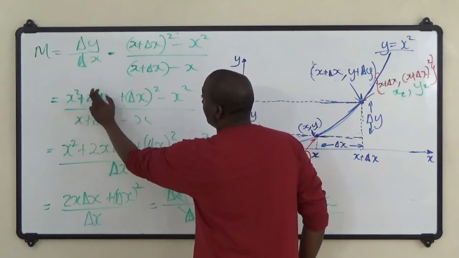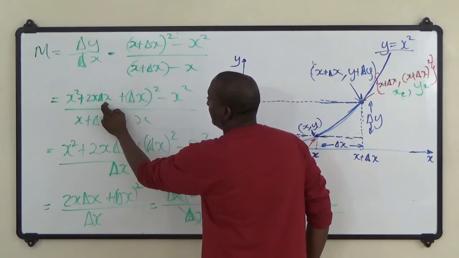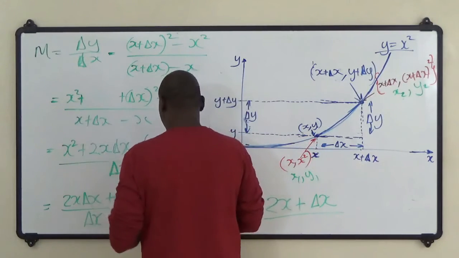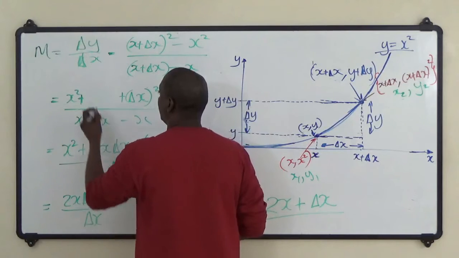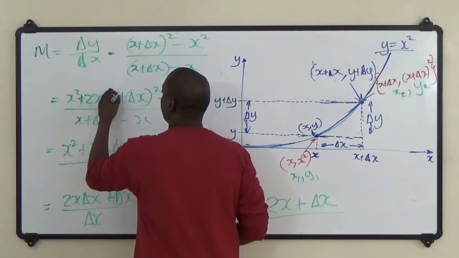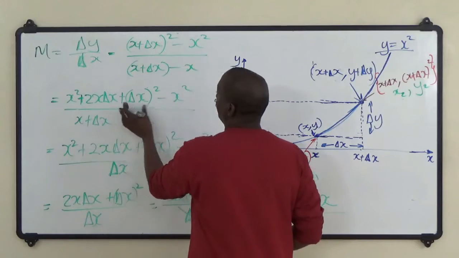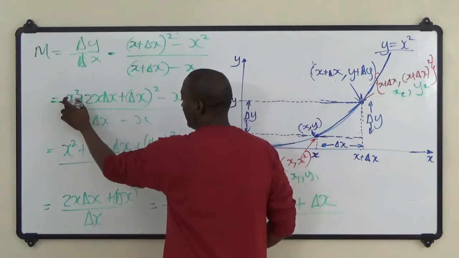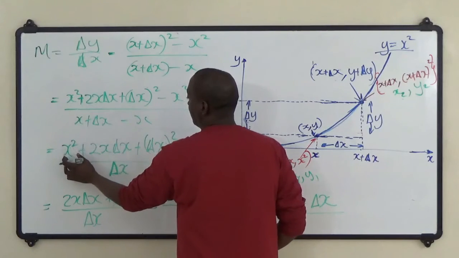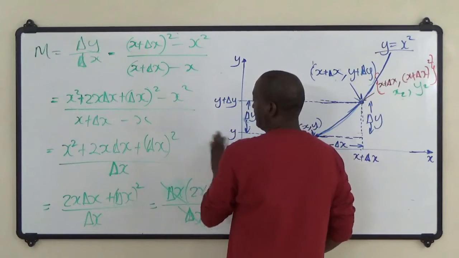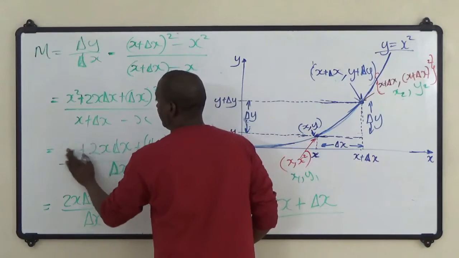Right? x squared plus 2x delta x. I'll write this a little more clean. x squared plus 2x delta x plus delta x squared, minus x squared. x squared minus x squared will cancel. This will give us, right, so we could cancel out here now.